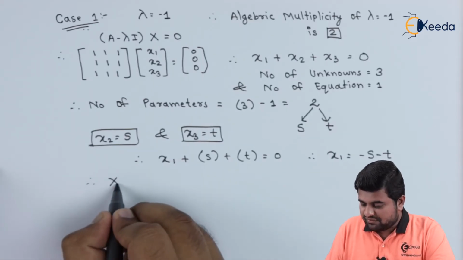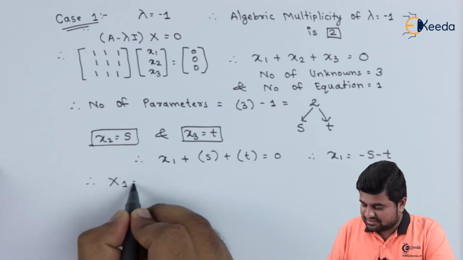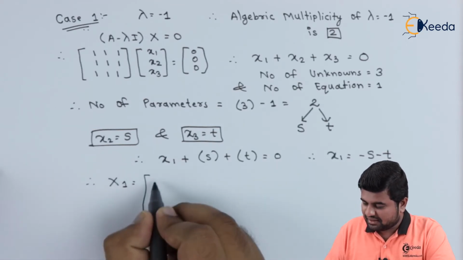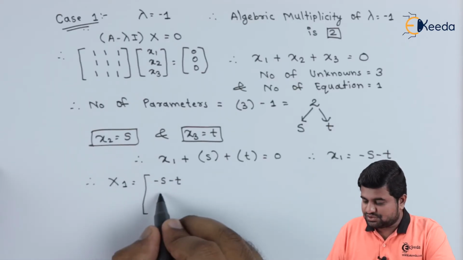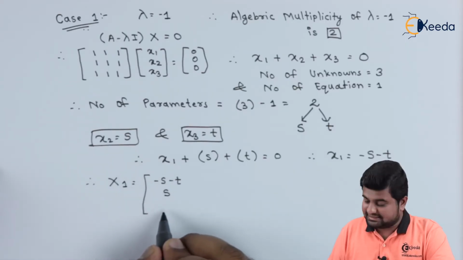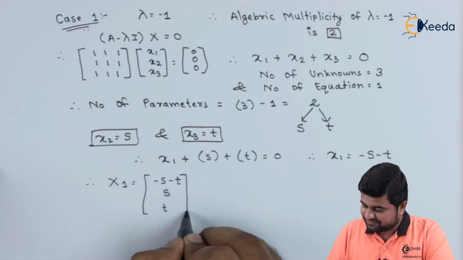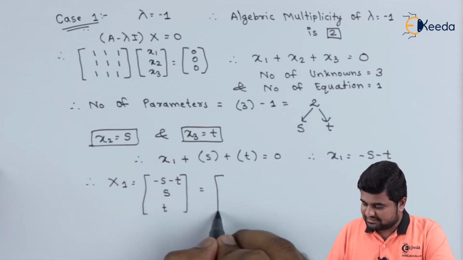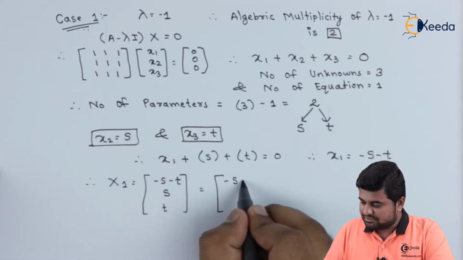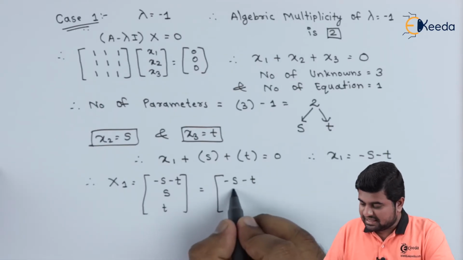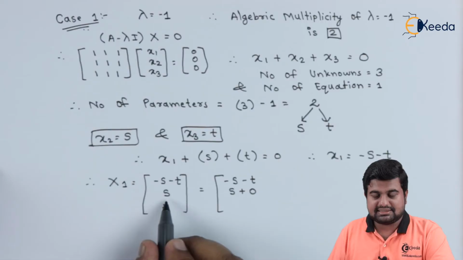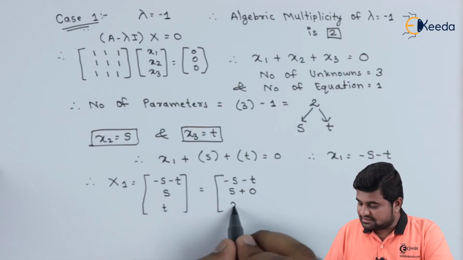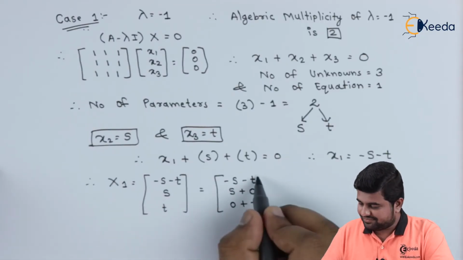Therefore, vector x is equal to minus s minus t, which is x1, x2 is s and x3 is t. So I can write it like this, minus s minus t, s plus 0, it is going to be s, and t as 0 plus t.